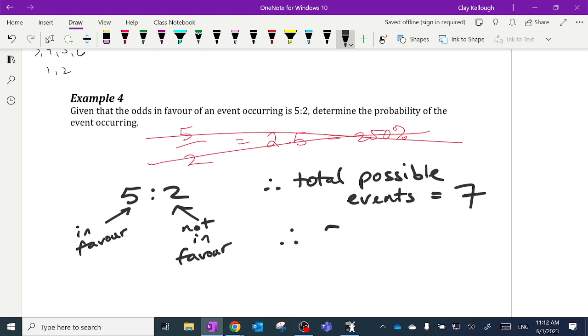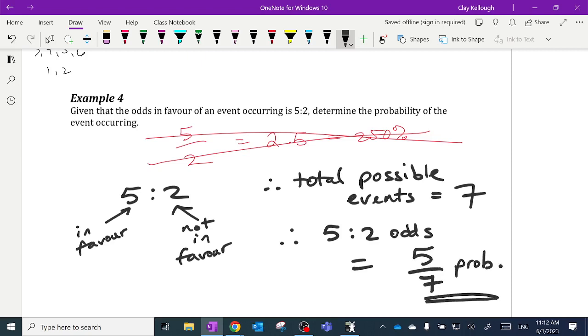Therefore, a 5 to 2 odds is equal to a 5 out of 7 probability. Does the logic of that make sense to you when you think it through? That's how probability and odds relate to each other. So they're pretty similar. You can always get one from the other. But they're expressed differently, and you've got to think about them a little bit differently.